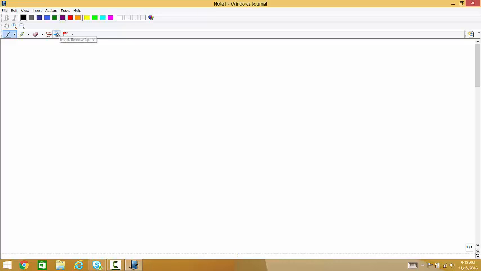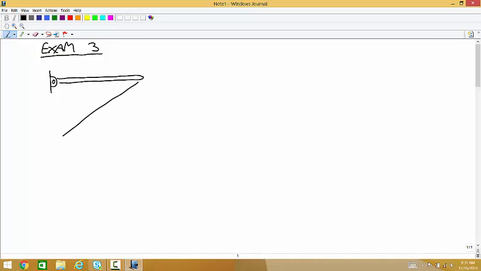Here is the basic. Let me just do the free body diagrams. So exam 3. It looks like that.